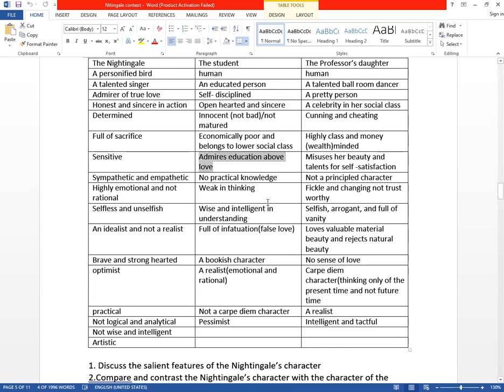Our next paragraph is about the young student's negative qualities, weaknesses: no practical knowledge, weak thinking, only a bookish character, a pessimist. Now we are going to discuss all those things in our next paragraph.